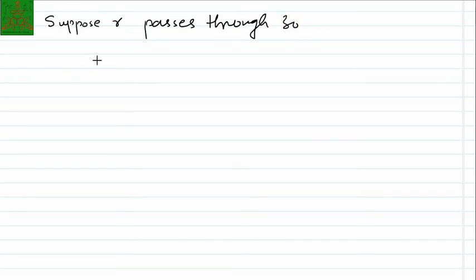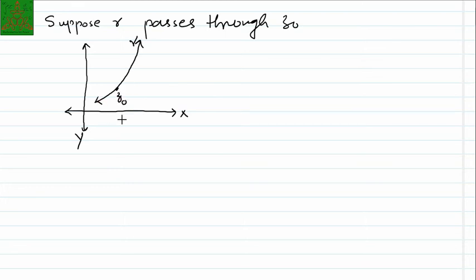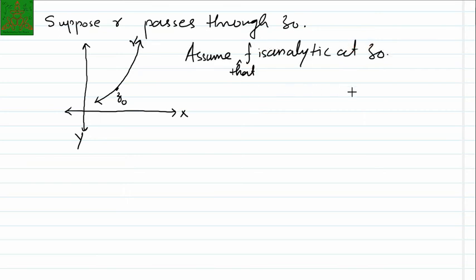Let us try to draw the figure of this situation. This is your y-axis and this is your x-axis, and there is a curve, the gamma curve, passing through the point z0. We are also assuming that f is analytic at the point z0.